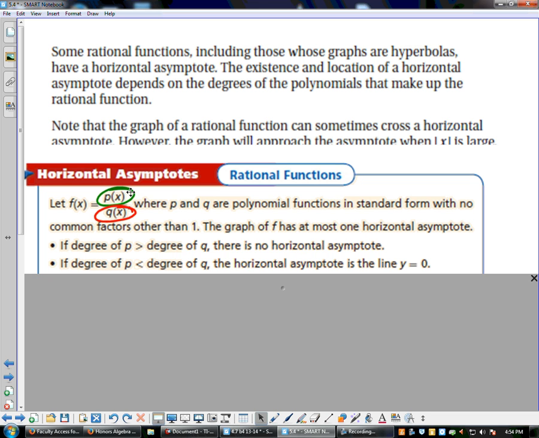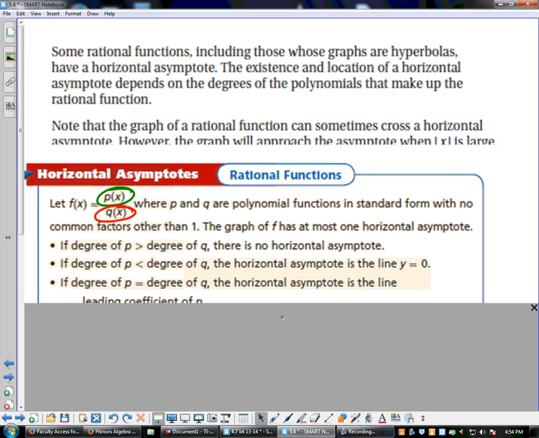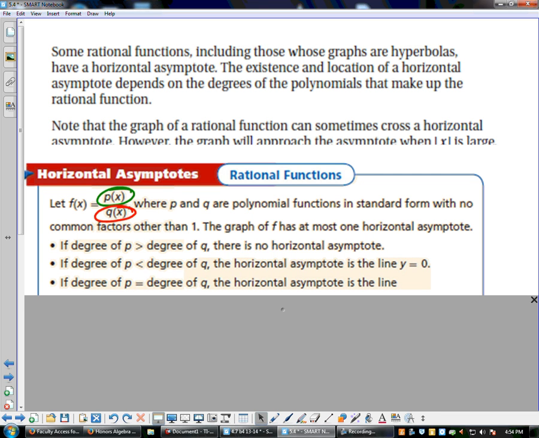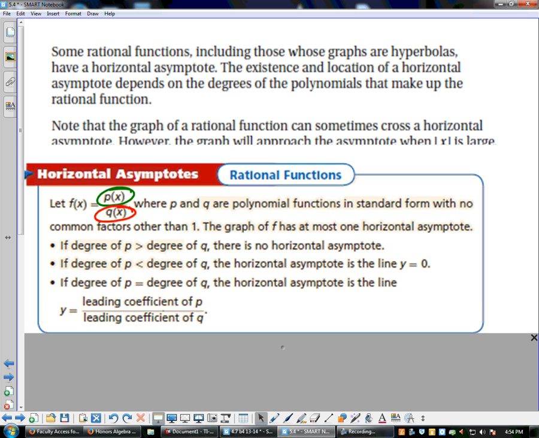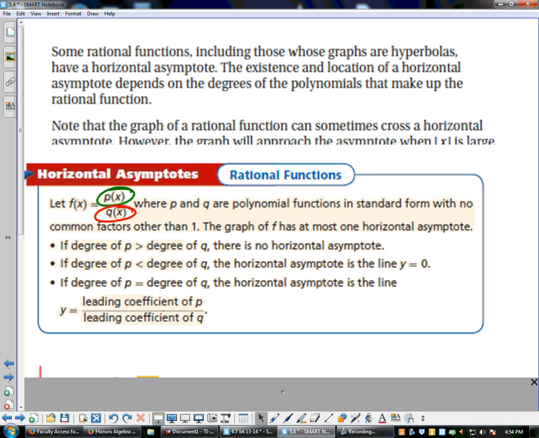If the degree of the numerator is less than the degree of the denominator, then the horizontal asymptote is the line y equals 0. If the degree of the numerator is equal to the degree of the denominator, then the horizontal asymptote is the line given by y equals the leading coefficient of the numerator over the leading coefficient of the denominator.